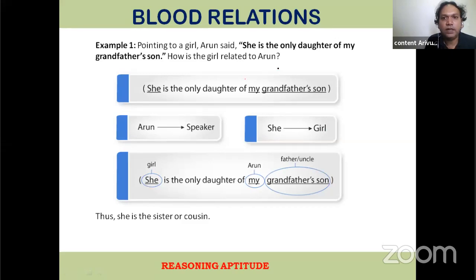Okay, so let's look at the second question now. Next question of the poll is up. 1 minute time you have. Read carefully.